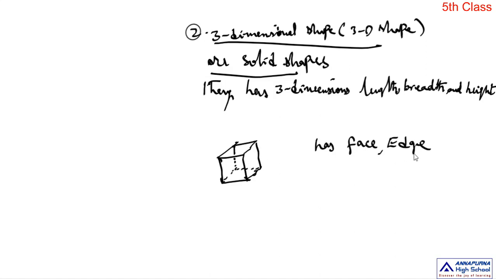Like that, how many edges are there? I will explain in detail. What are the main components? Face, edge, and next one is vertex. V-E-R-T-E-X. Face, edge, vertex.